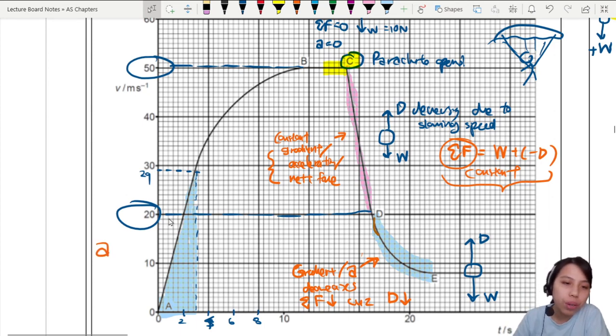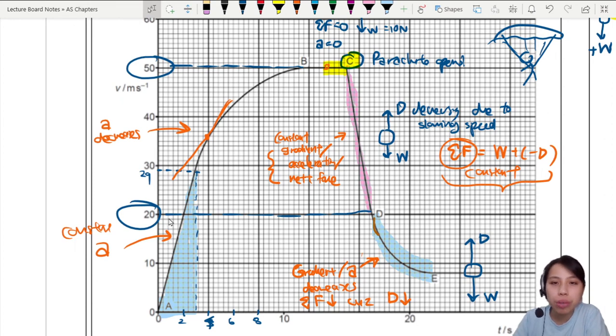So you start off with a constant acceleration for a little bit, and then the acceleration, which is the gradient, will start to decrease. So I'm going to draw the gradient at that point. It's decreasing. So acceleration decreases as you move along in time. Eventually, between B and C it is perfectly flat.